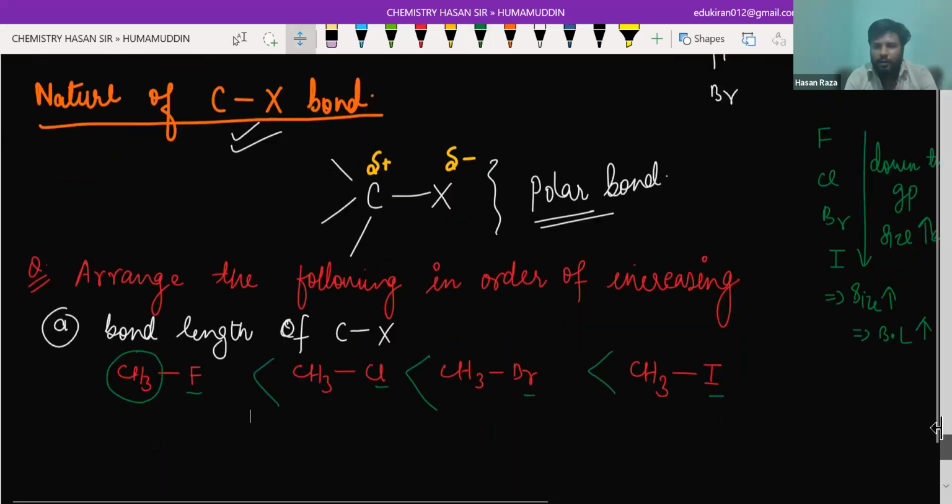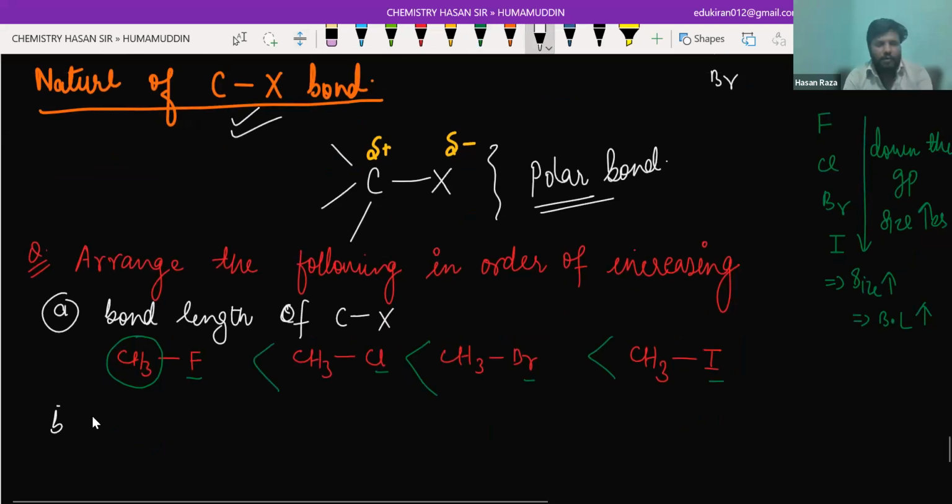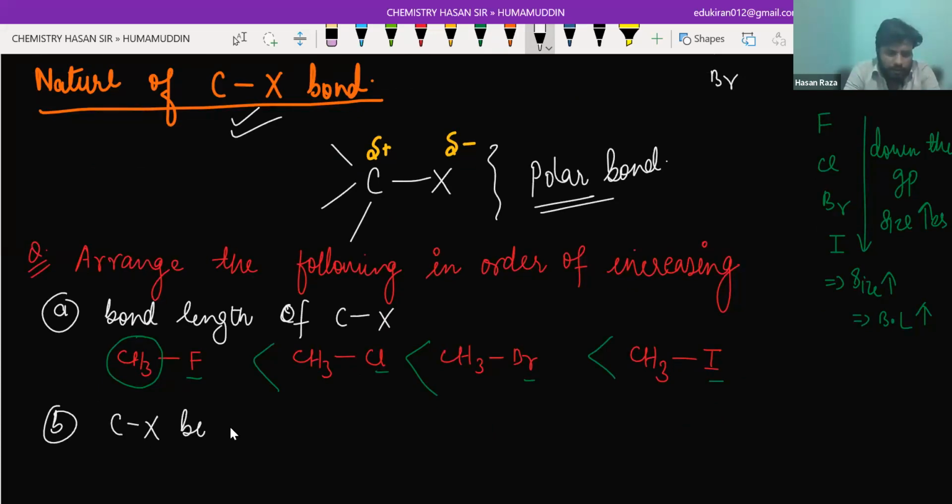Please do write this. After this, you are going to arrange them in increasing order of C-X bond enthalpies, that means bond energy.